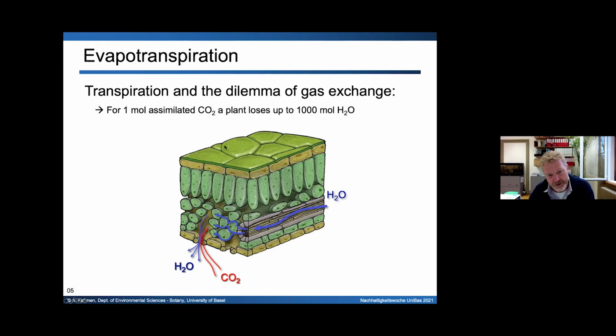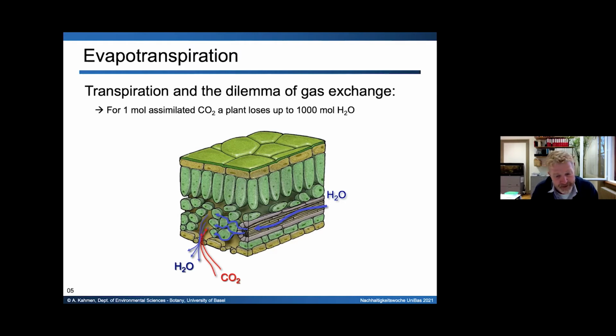You can see this waxy cuticle layer on top of the leaf, which is impermeable to CO2, and it's particularly impermeable to water. So it makes sure that leaves don't dry out very rapidly. But still, there are these tiny pores at the bottom of leaves that allow CO2 to diffuse into the leaf. And this is absolutely necessary, because without this diffusional uptake of CO2, plants couldn't perform photosynthesis.